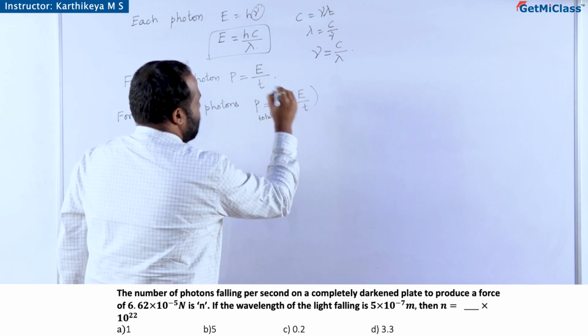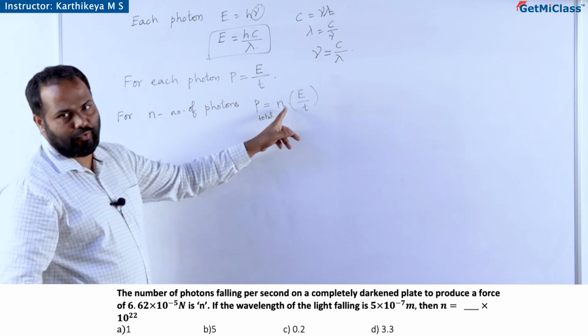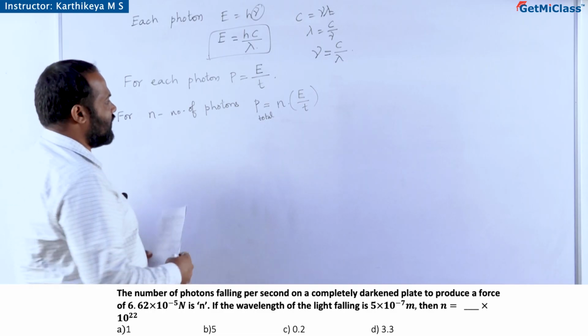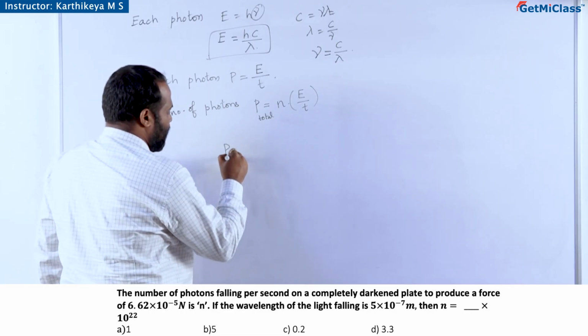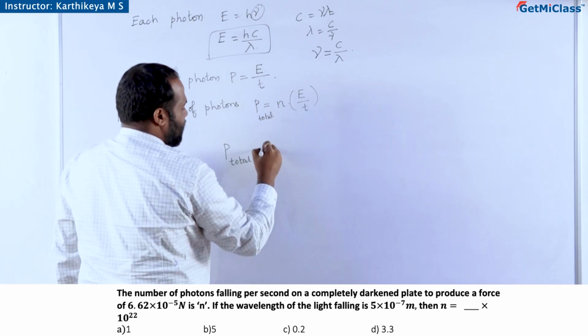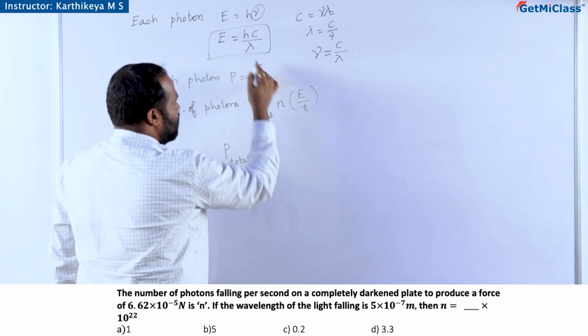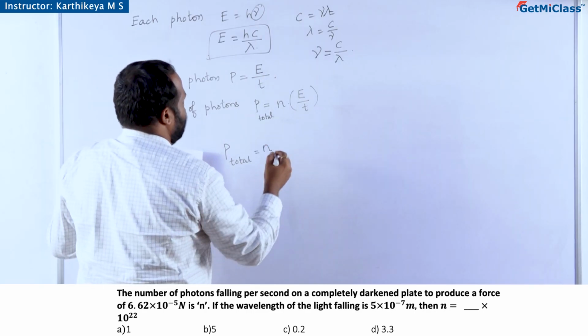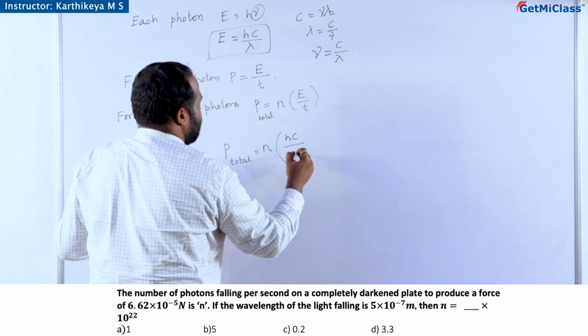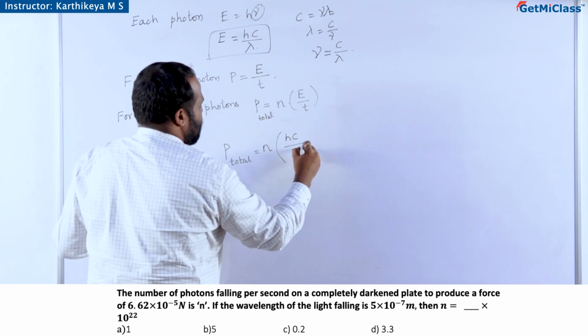The total is n, that is the number of photons, into the power produced by each photon, that is the equation. Now, P total is n into, wavelength is given, so that is hc by lambda into t.